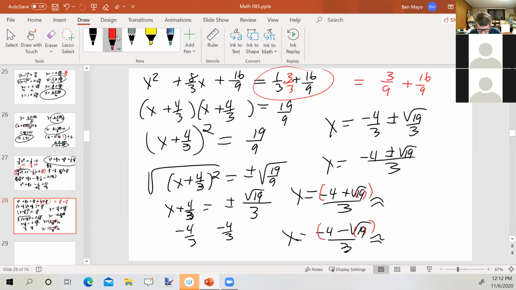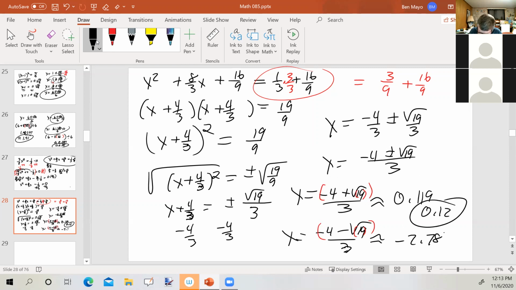And I'm getting 0.119. So that would be 0.12. And then the minus would be negative 2.786. So that would be negative 2.79.